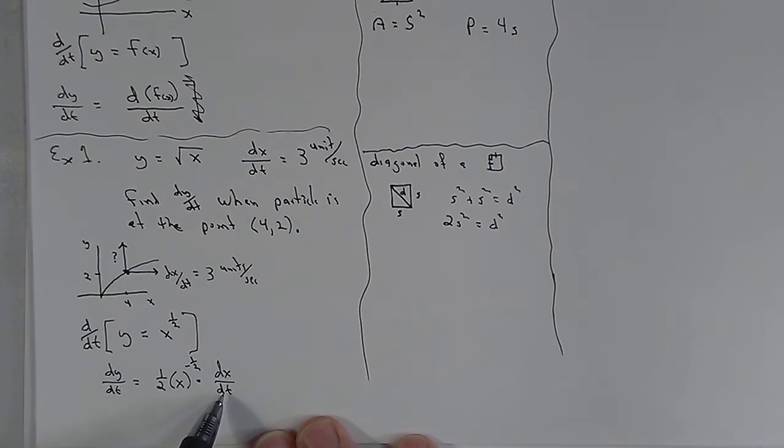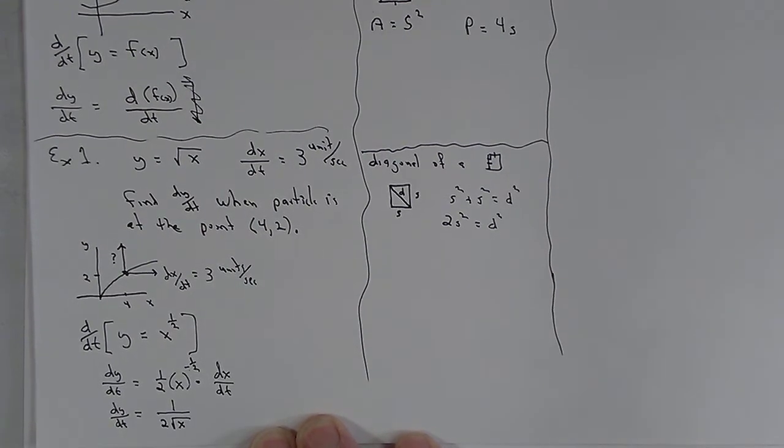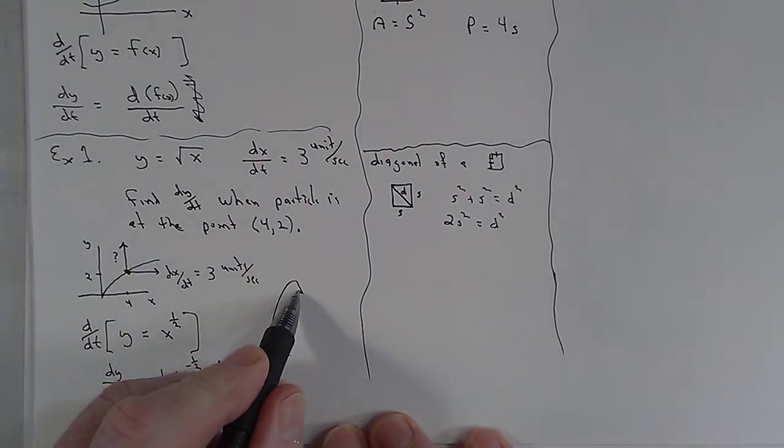So there's your related rate equation. Just rearrange it, dy/dt. The 2 is in the denominator. Negative power becomes a positive power in the denominator, and the 1/2 power is the square root of x. There's 1 on top times dx/dt. Now if you wanted to, you could put dx/dt up in the numerator, but this is easy to work with. All right, so there's our related rate.